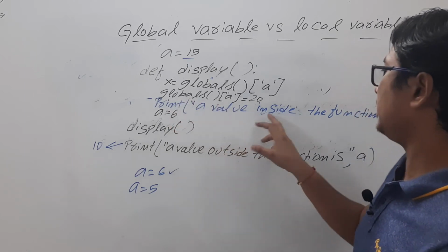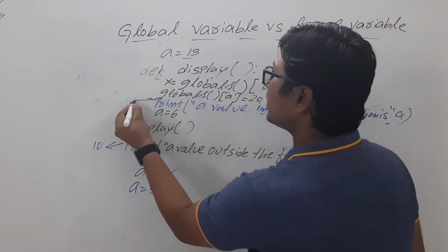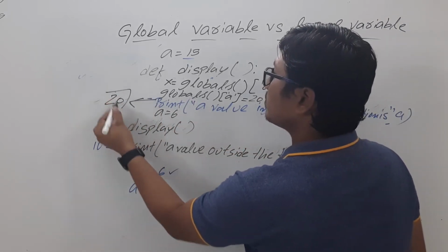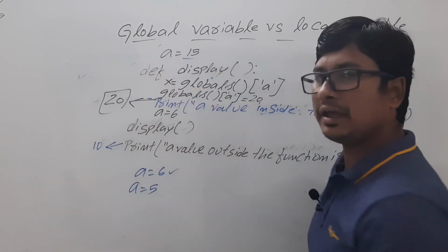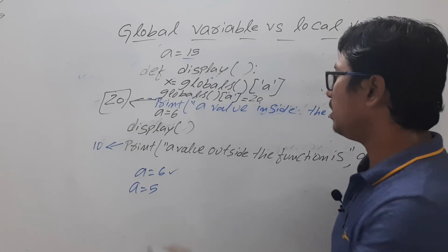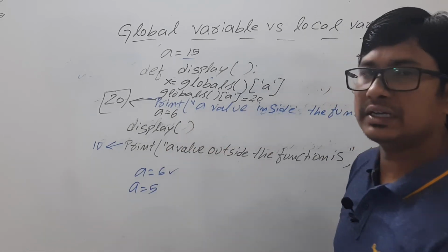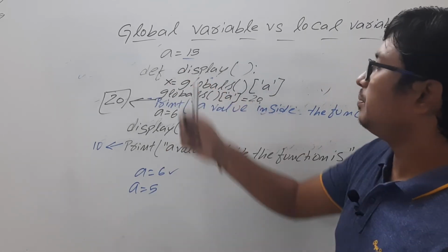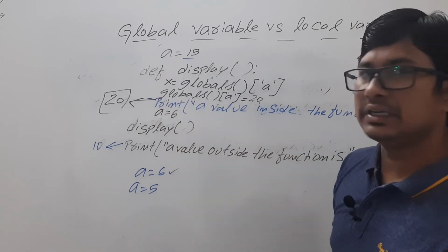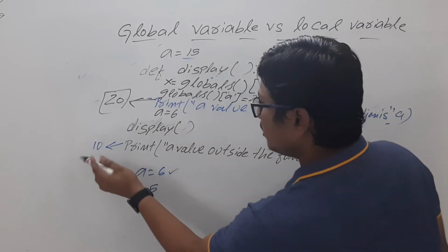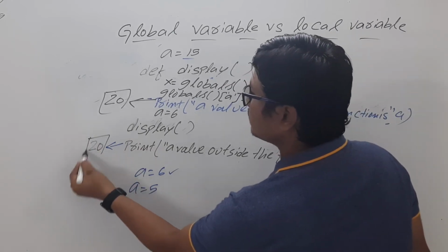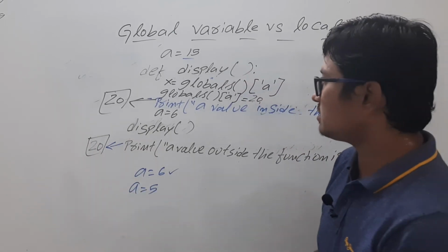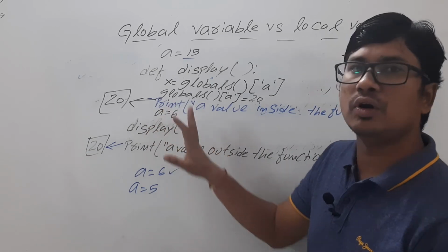Then what will happen? Here the a value will be printed as 20 because you have modified the global variable. Initially, the global variable a had the value 15. Now you are modifying it to 20. So it will print the value 20. Now, if you look at here, this one will also print the a value as 20. So here you are accessing the global variable and also the local variable.